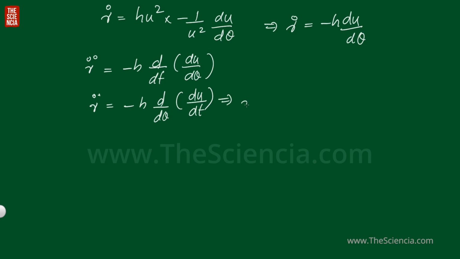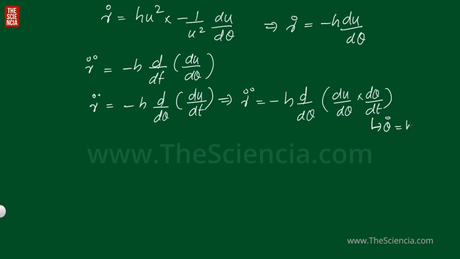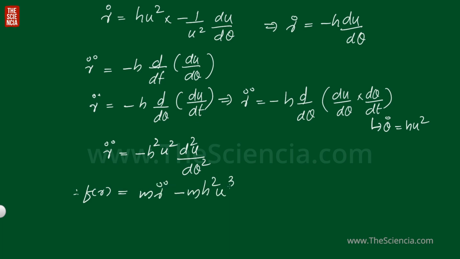Again I am rewriting this as r double dot equal to minus h d by d theta into du by d theta into d theta by dt, where d theta by dt is theta dot, and we know theta dot is equal to h u square. So what we get? We get r double dot equal to minus h square u square d square u by d theta square. So now we can substitute this in our equation of f of r, that is f of r equal to m r double dot minus m h square u cube.